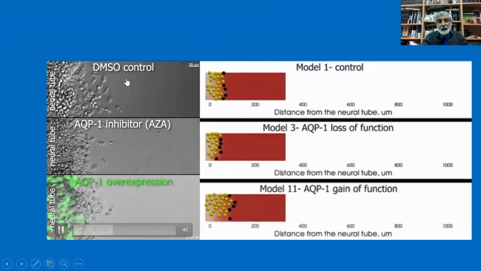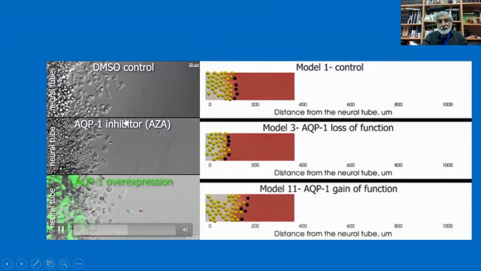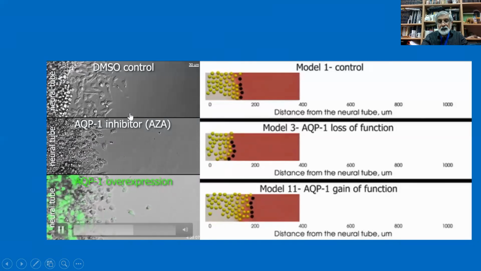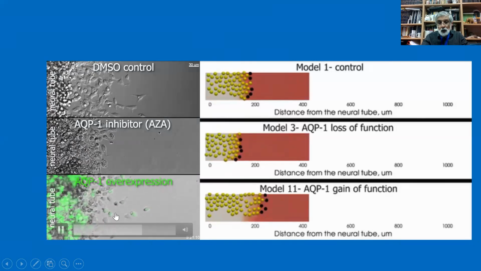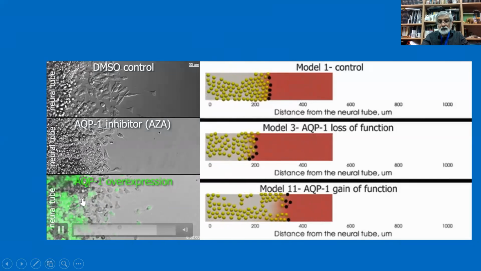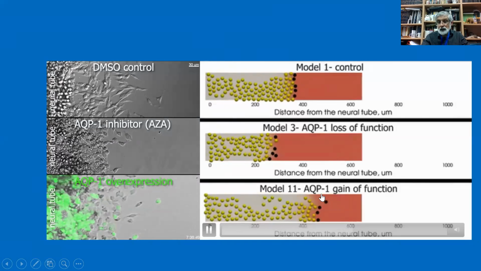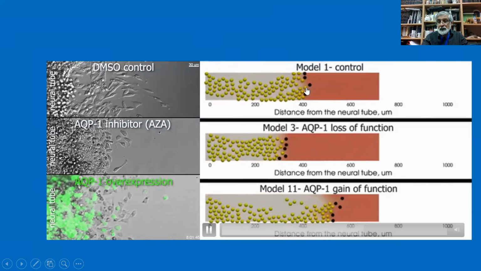What you can see here is the inhibitor, as you would expect, don't go as far as these ones. Here you see when you overexpress, you get really long bits of movement and a breakup of the whole thing. And that's what's observed here in the simulation.